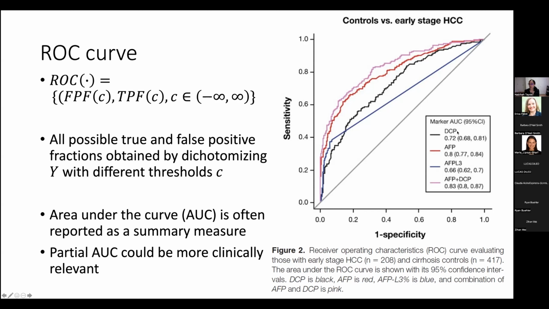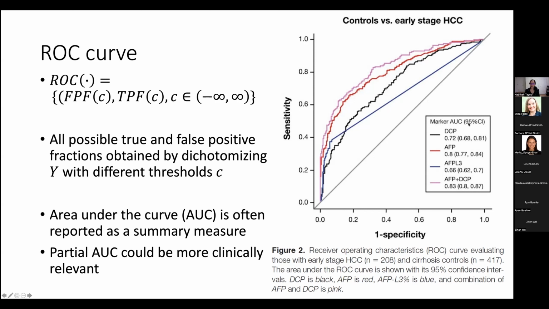So this is an ROC curve for a couple of early detection of HCC biomarkers. Just a couple of things. You can see here that they actually report marker AUC. AUC is the area under the curve. It is often used to summarize this entire curve.